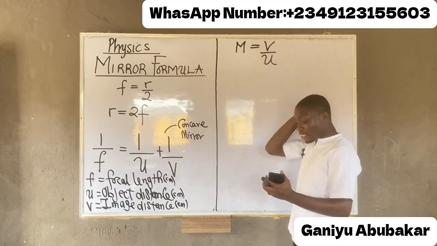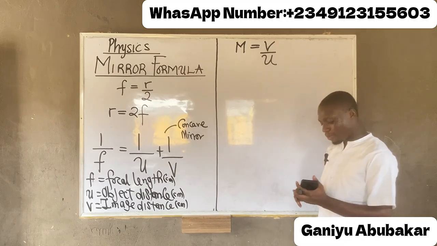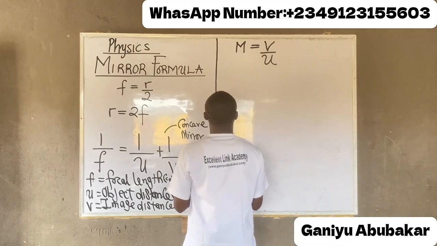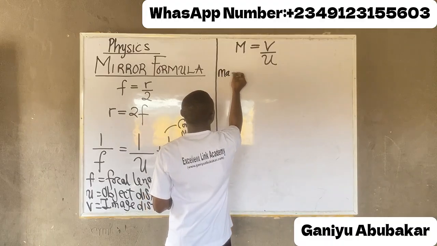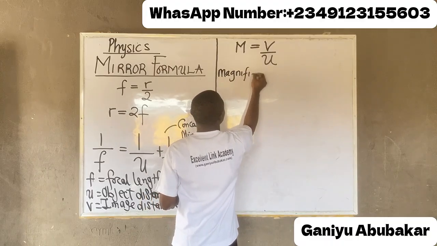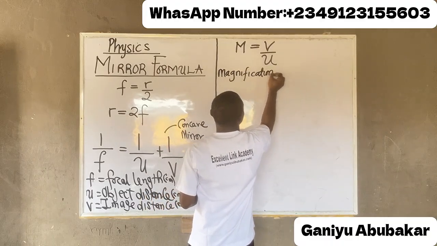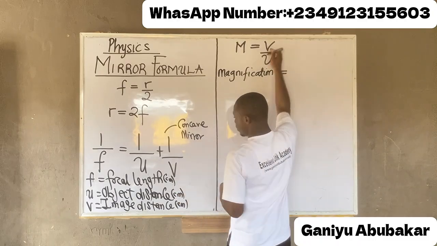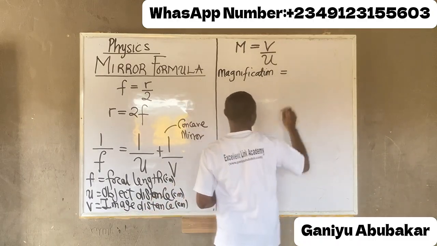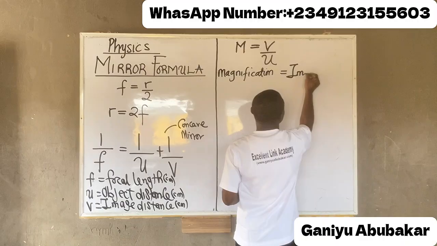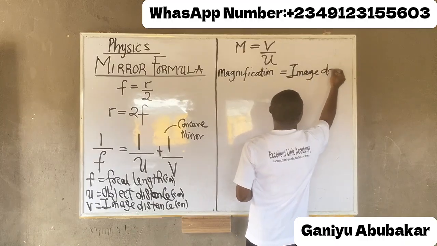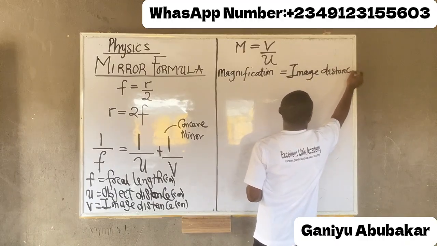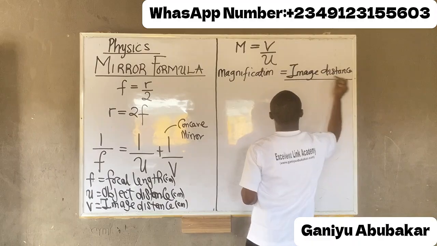And this is its mathematical expression. By word, I have that magnification is equal to V, if said V is what? Image distance. Of course, I have image distance, all over your U.